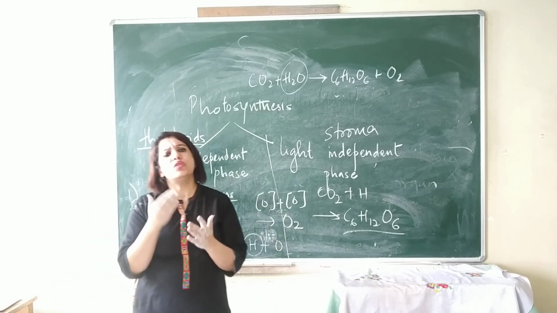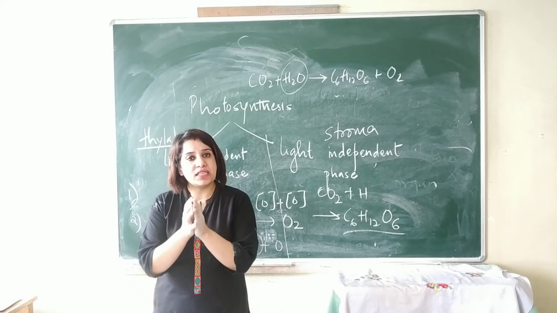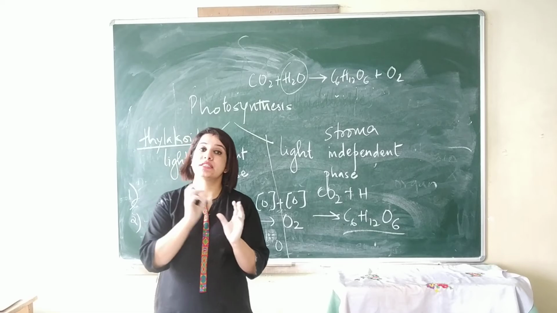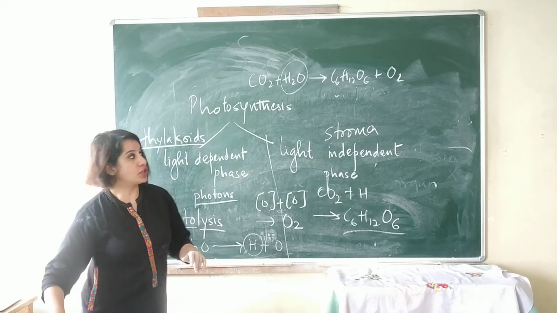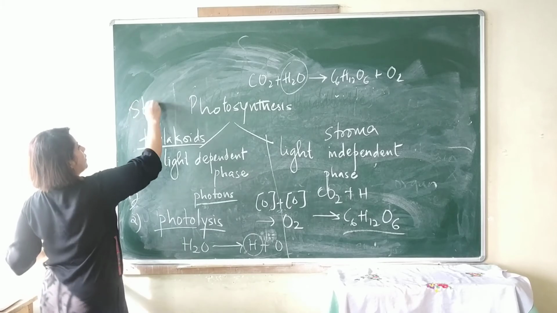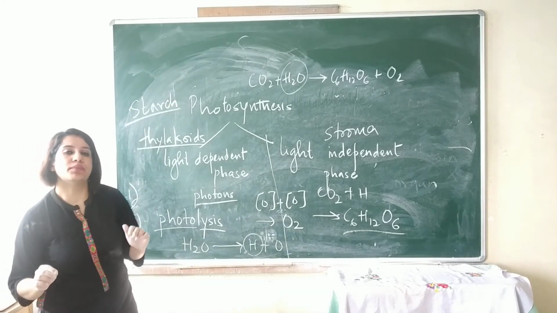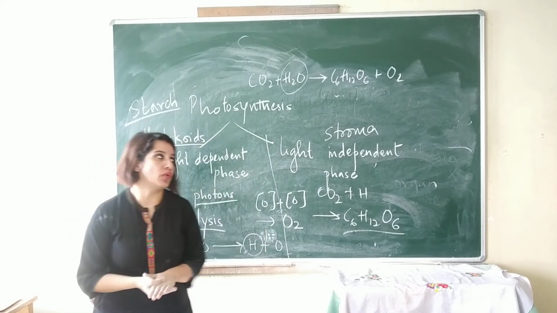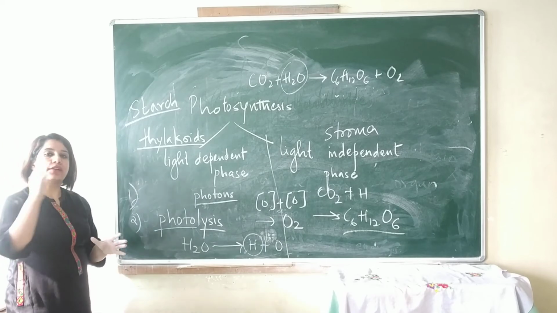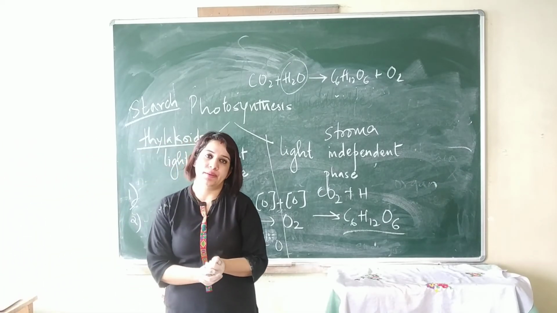Similarly, since glucose is continuously being produced, the excess glucose is stored in some parts of the plant in the form of starch. And whenever glucose is required, the starch is converted back to glucose and utilized by the plant.